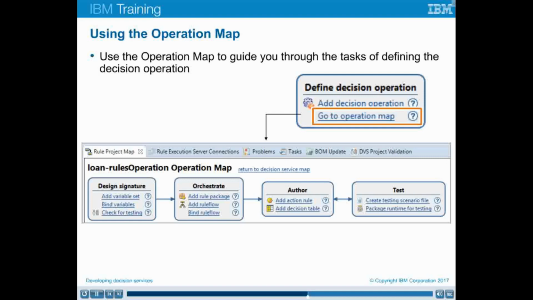After you create and name your decision operation, you go back to the Decision Service map and click the Go to Operation map, which opens a Decision Operation map that will guide you through the steps of defining this rule set, including defining the rule variables and the rule set parameters for the rule set signature.